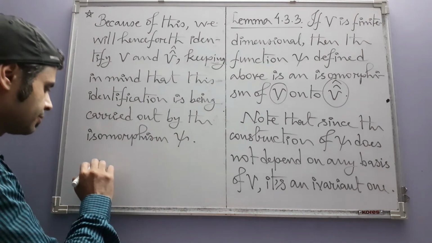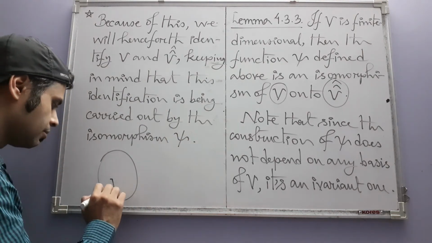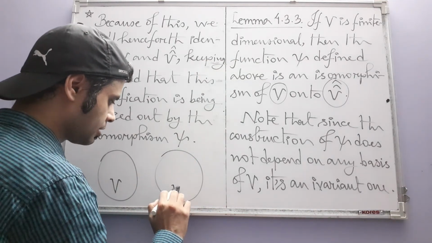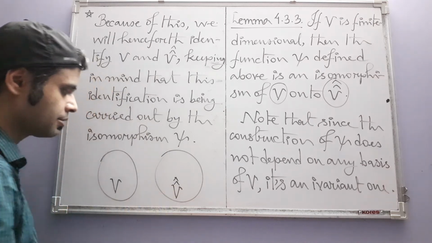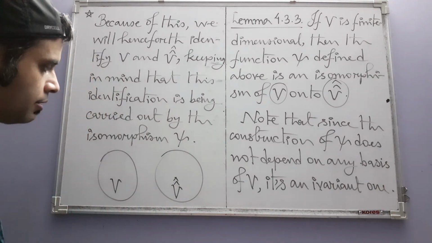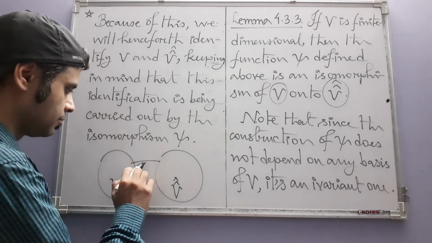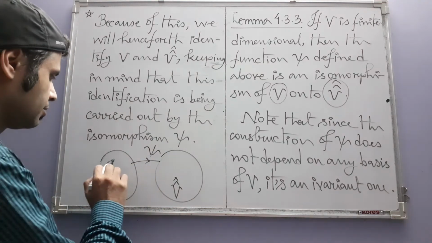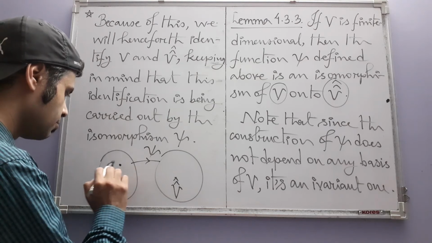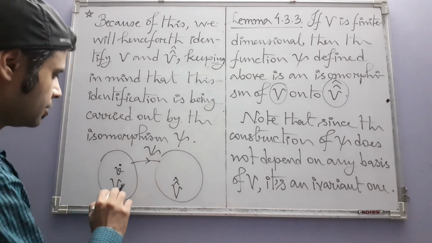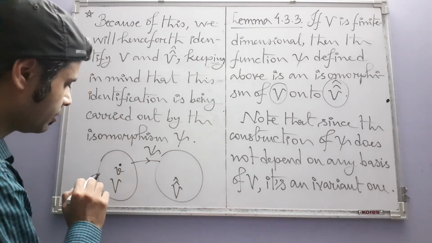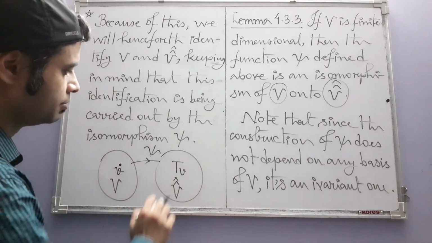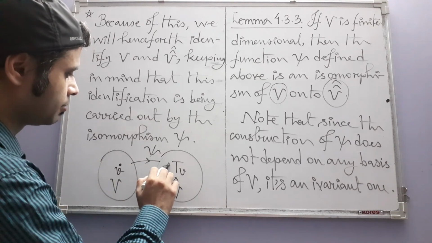That means you have the space V here, you are going to treat it as the same space as V double hat, and the mechanism that will allow you to do so is your psi, which allows you to treat an ordinary vector v in V as this thing d_v in V double hat.